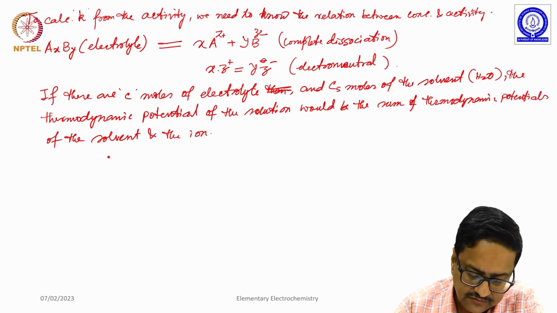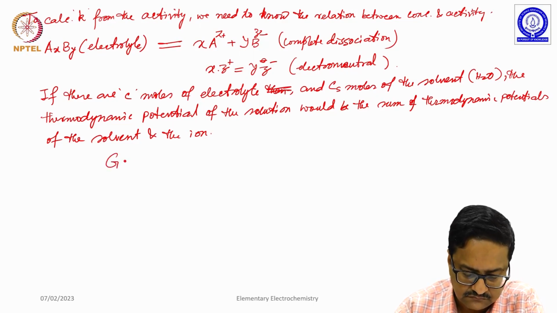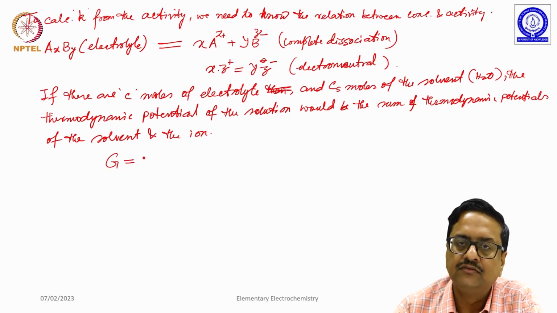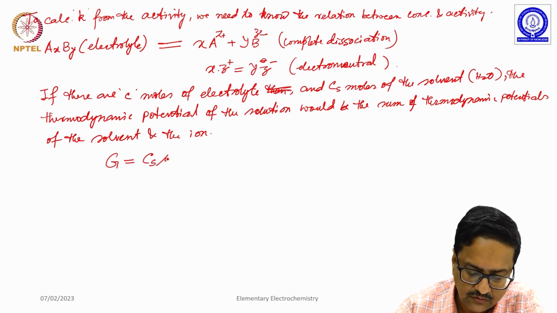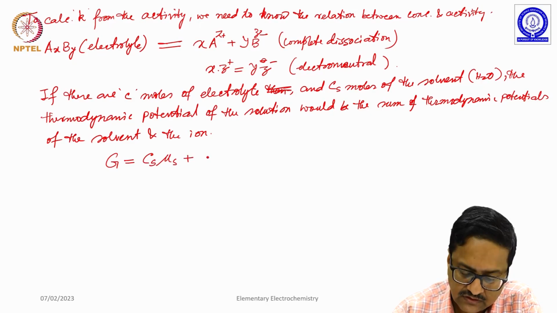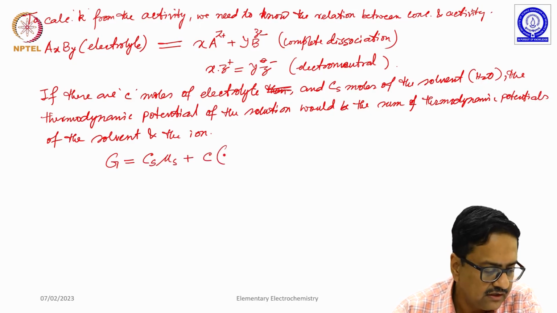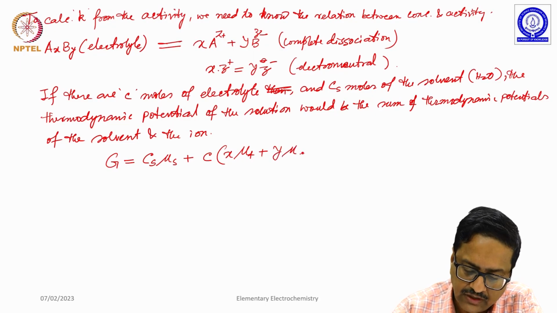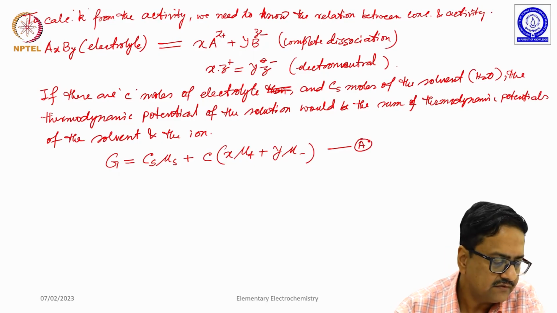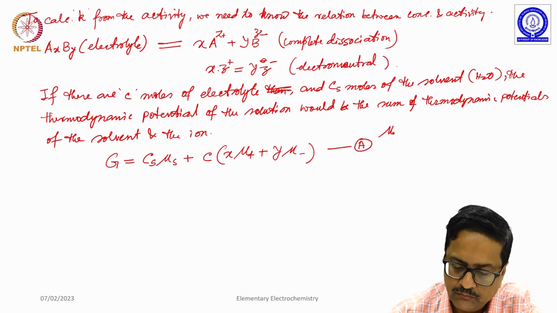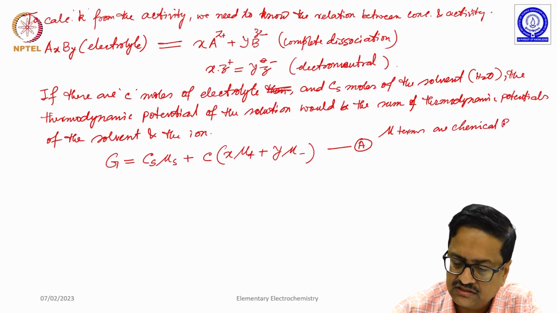So, one can write G, that is the Gibbs free energy of the solution, is nothing but Cs mu s plus C into x mu plus plus y mu minus. I write this equation as equation A, where the mu terms are chemical potentials.